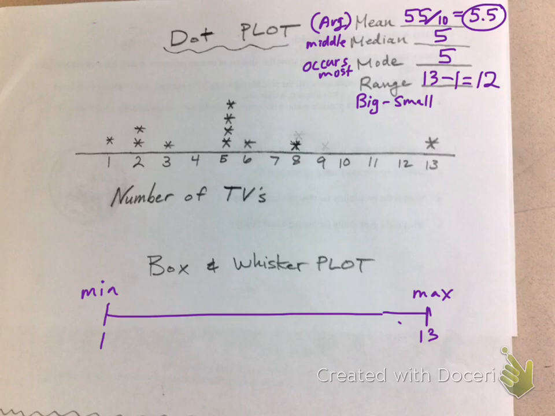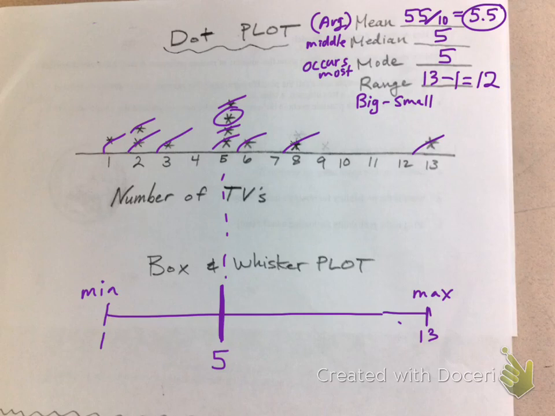Okay? Next step is to find the middle of the box and whisker plot. So again, we already did this once. We cross off until we get to the middle, which is that one. So 5. So I come straight down from 5 right here, and I draw a bigger line. This is the middle of my box, so I put 5 here. The next thing I do is I find the lower median, or lower middle.